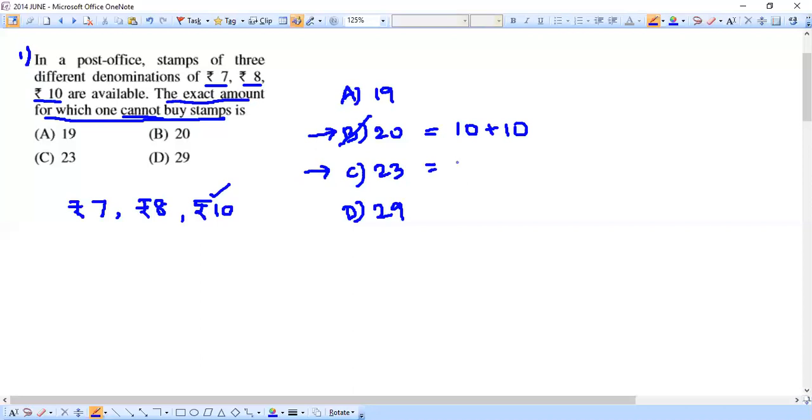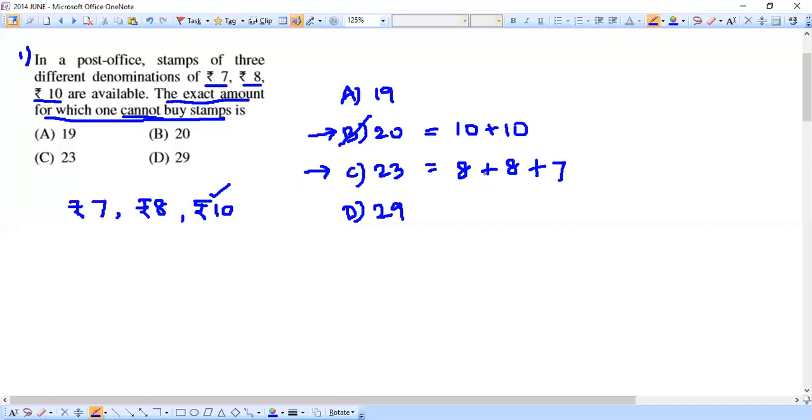How can we buy stamps for 23 rupees? We have 10 plus 10; let's go for a lesser amount, 8 rupees. We'll take 8 plus 8, so we are buying 2 8 rupees stamps. 8 plus 8 will give us 16. Then we go for one more 7 rupees stamp: 8 plus 8 plus 7, 16 plus 7 will give us 23.